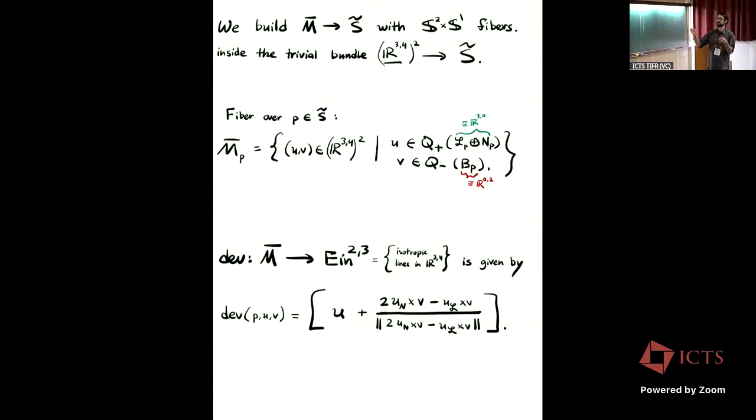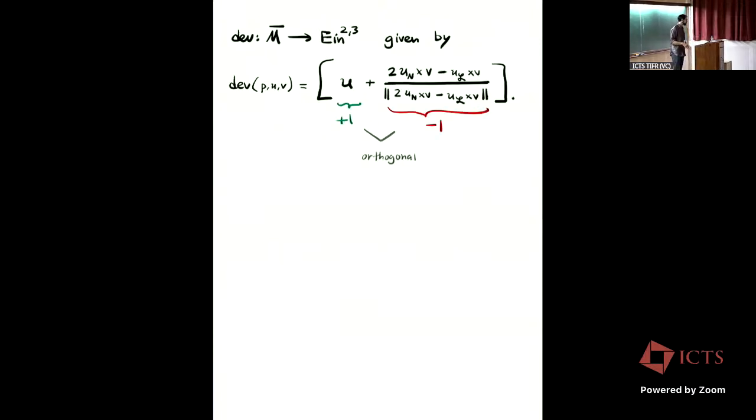We call those U_N and U_L. Take the cross product with V on the right, take some linear combination, and that numerator is a non-zero time-like vector, so you can just divide and force it to be a unit time-like vector. That's what that means. To summarize, U is a unit space-like vector, and the second term is a unit time-like vector. They're orthogonal, so you add them together, it's isotropic, and that gives you a point in the Einstein 2,3 universe.